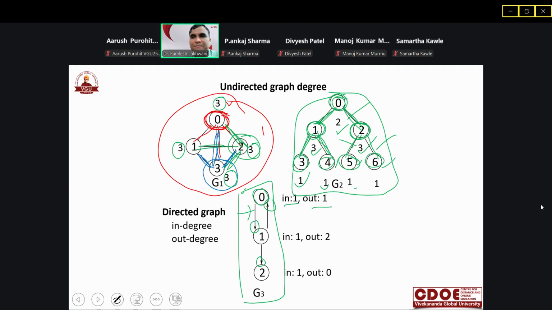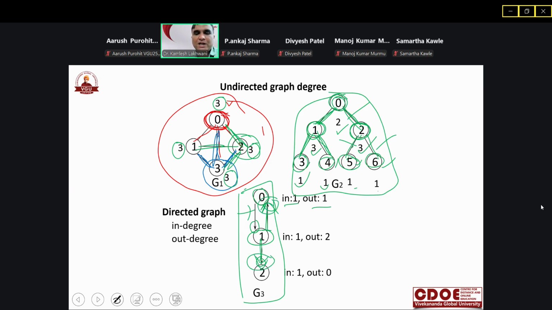One edge is coming, so in degree is 1. One edge is going towards another node, therefore out degree is also 1. Similarly, for node 1, there are two out degrees because two edges are going outside, 1 and 1.